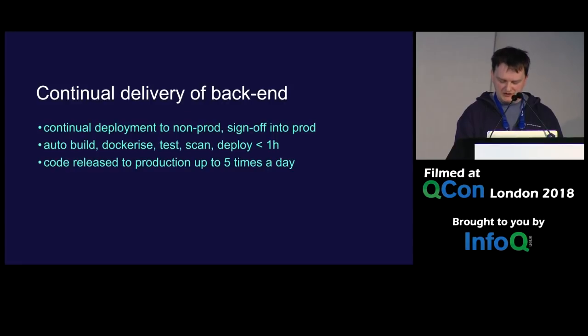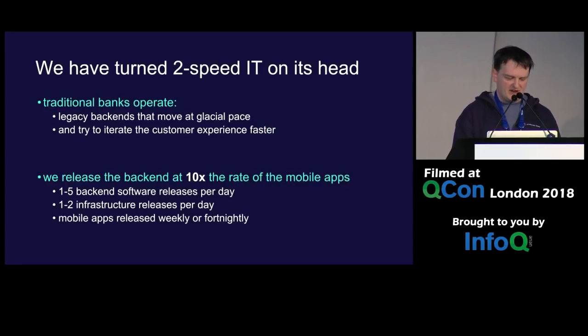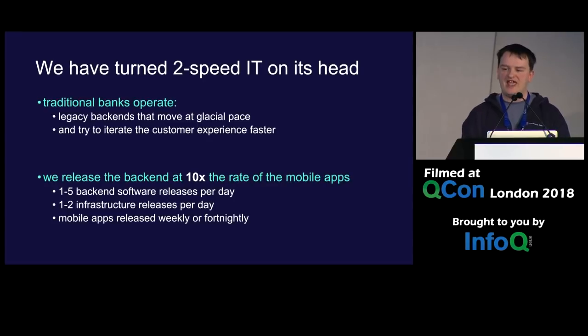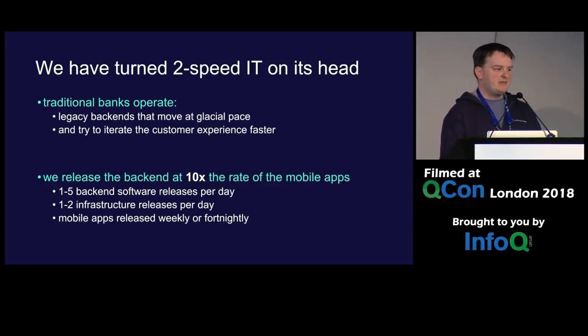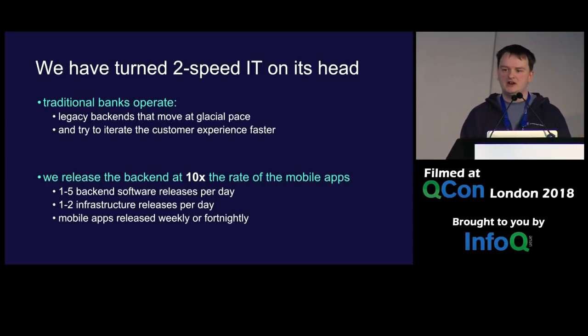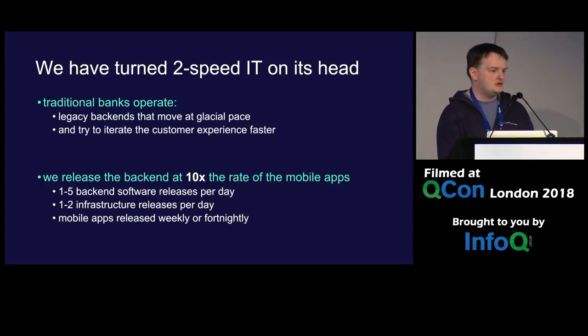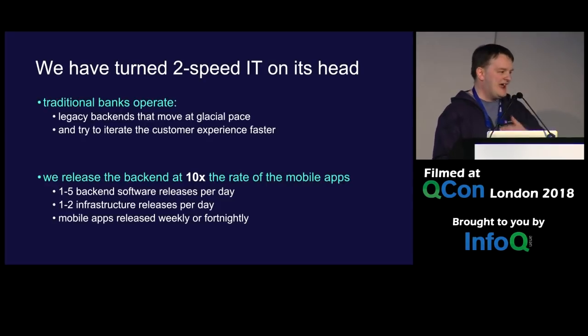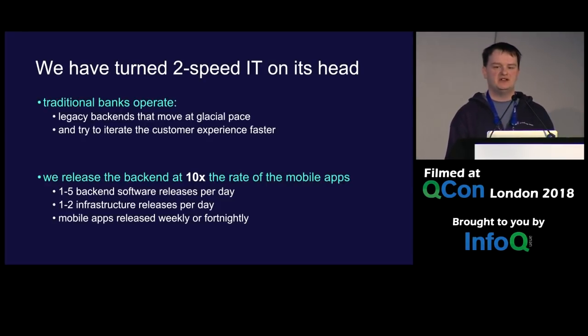And when we say we deliver continuously, what we've ended up doing is turning the two-speed IT processes of most banks on its head. So thinking back to that story I had at the start of the people deploying the code, they will have gone through a laborious process to get that code deployed into production. It'll have been deployed through endless numbers of stages, endless numbers of cycles, and it will have had sign-off from huge numbers of different people going, oh, this is right, this is wrong, change this, do that.